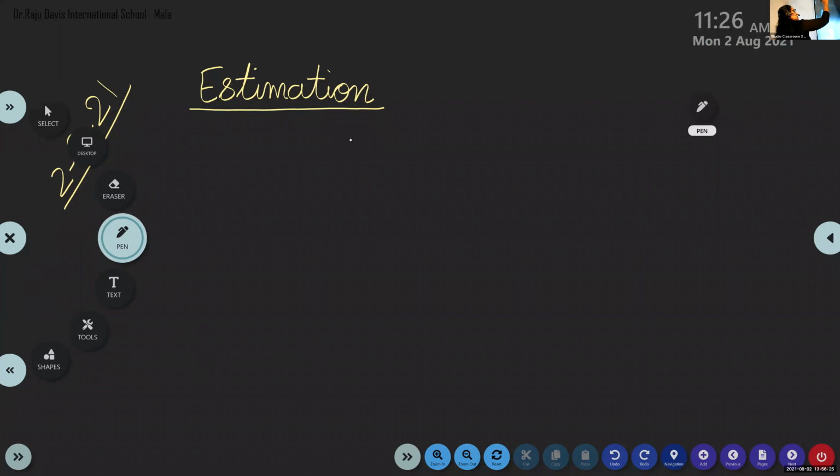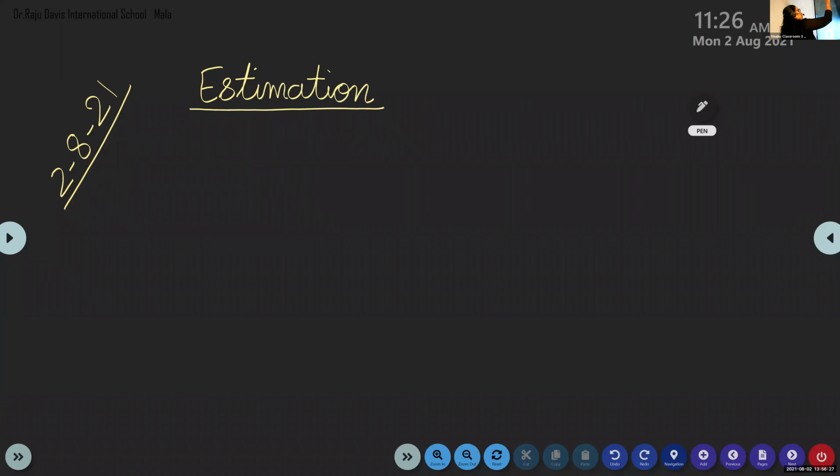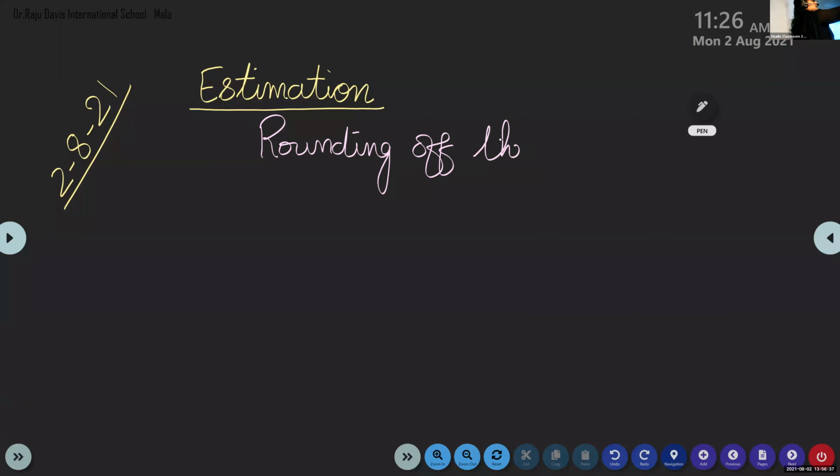So what is estimation? Rounding off the numbers is called estimation. Rounding off the numbers is known as estimation.